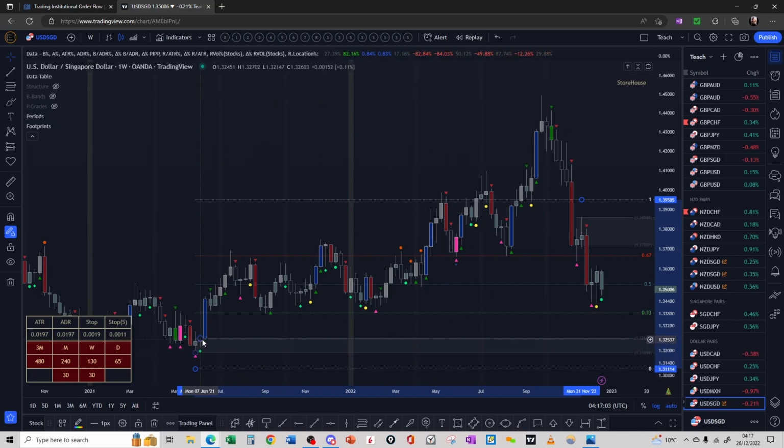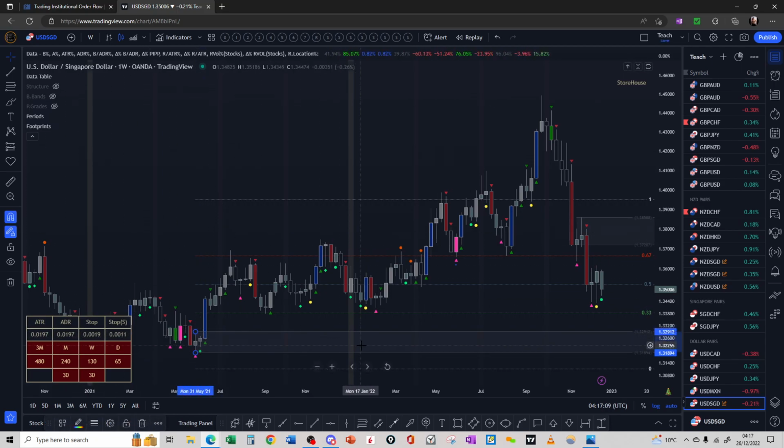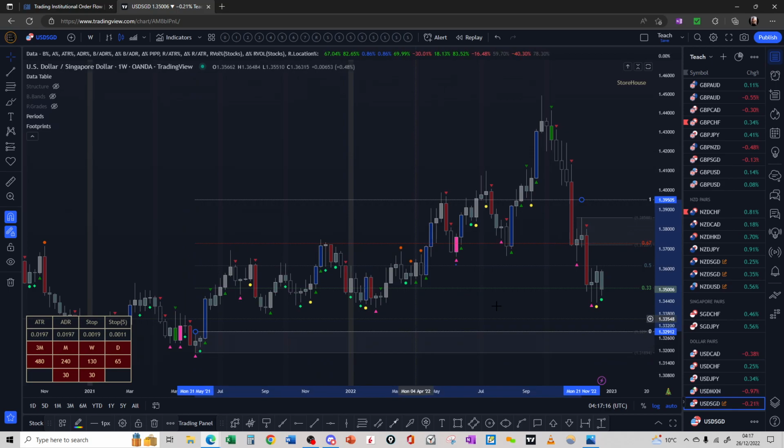So if I drew my proximal line like that, for example, that would immediately have an impact on where price would be located. If I drew my level to that, suddenly it has a slight influence on where price is located.